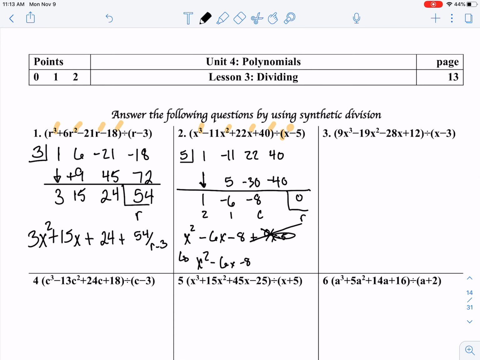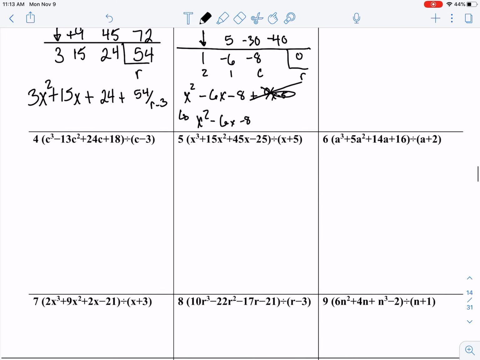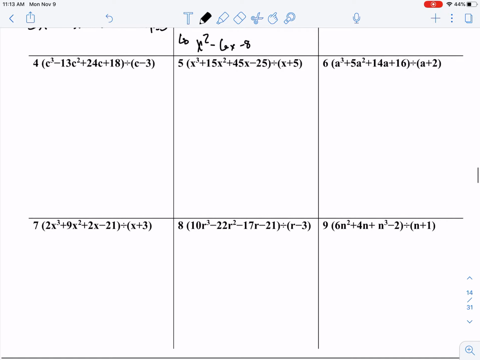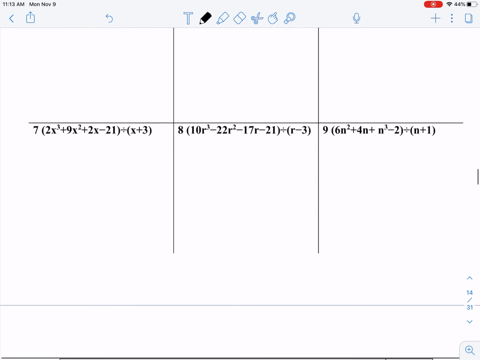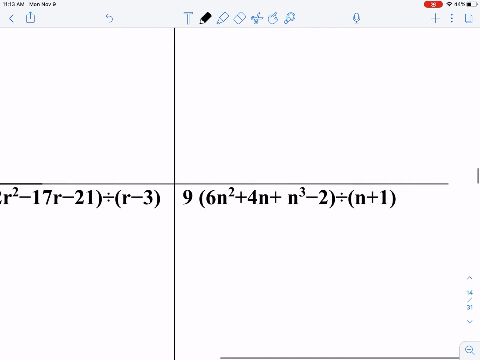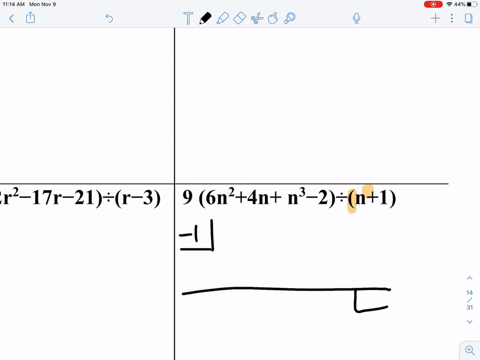Let me find one where it's a little bit different. All right, so number 9 is a good one. All right, so degree of 1, coefficient, so we're good. I set up my problem. Negative 1.